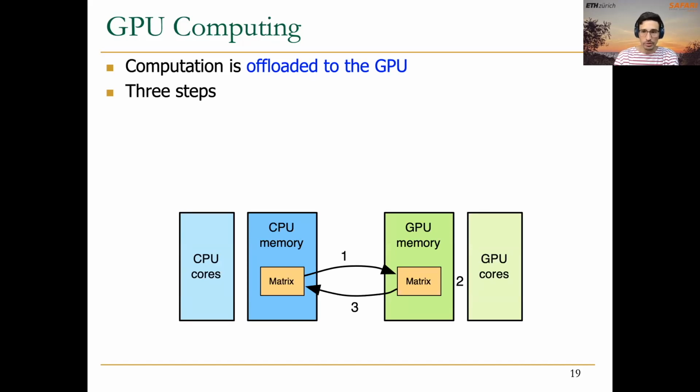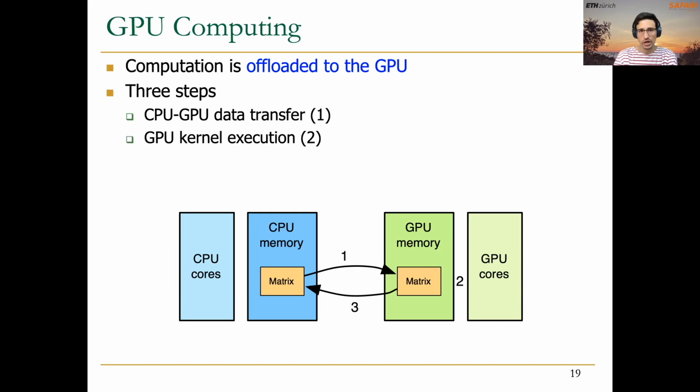First of all, especially in the case where we have discrete GPUs, which are the most powerful and also most popular ones, we'll have to transfer the input data from the CPU memory to the GPU memory. And once this transfer has finished, we can start the execution. We can start using the GPU cores.